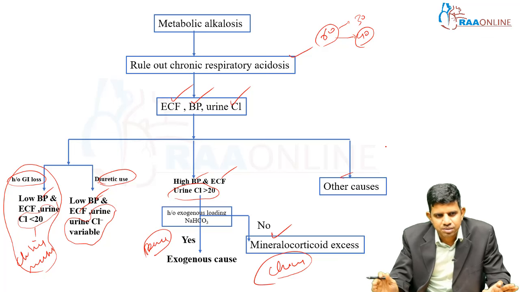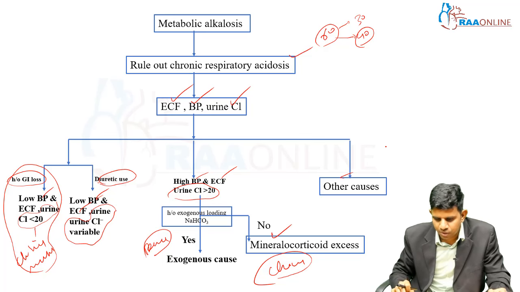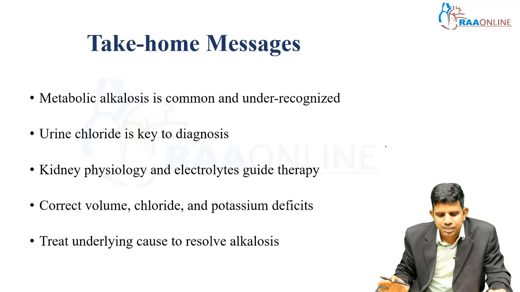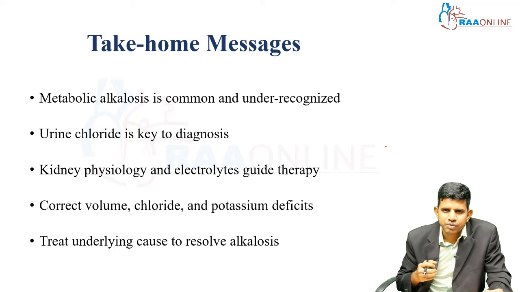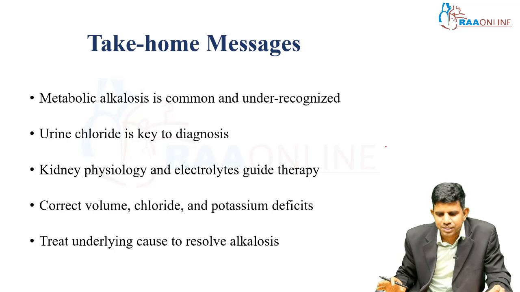Don't forget other causes like milk alkali syndrome, post hypercapnia, or blood transfusion related. Take home message: metabolic alkalosis is usually very common, but we usually ignore it because it is usually masked by the primary disorder, the symptoms and signs.